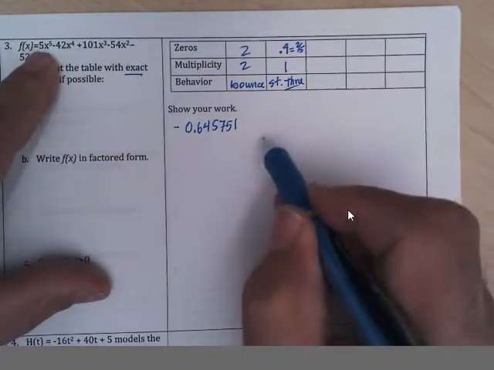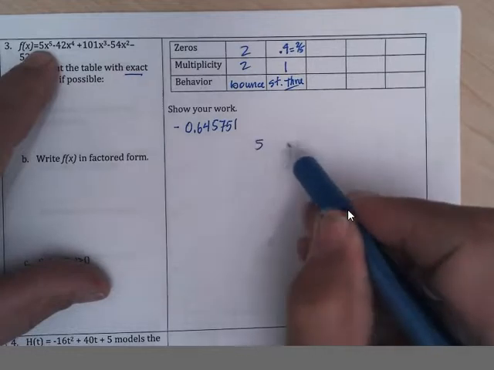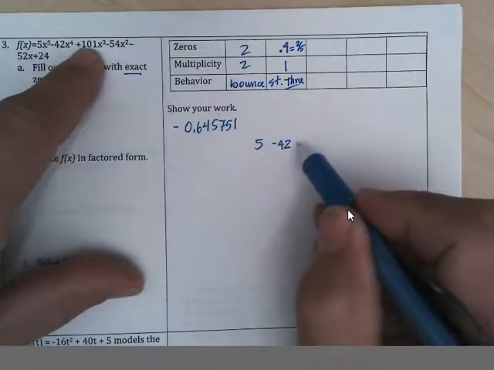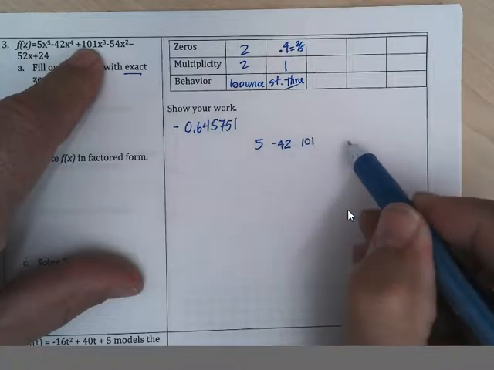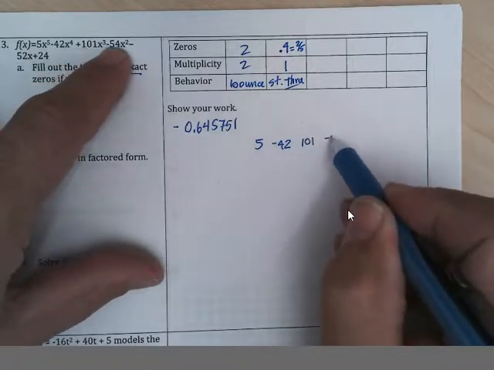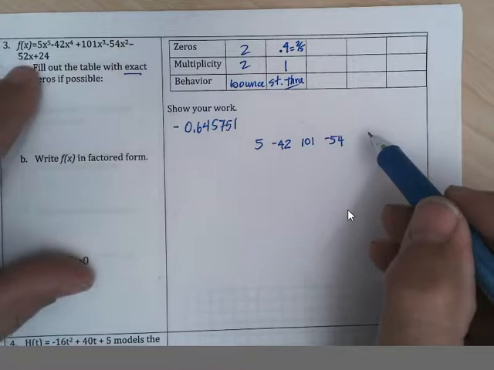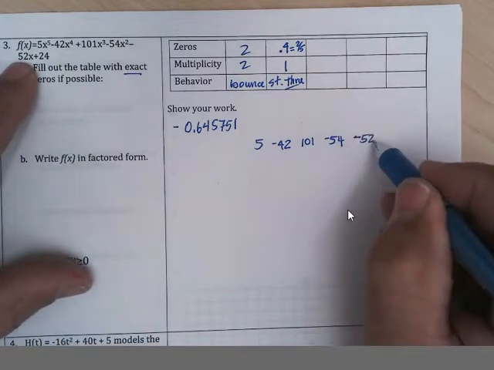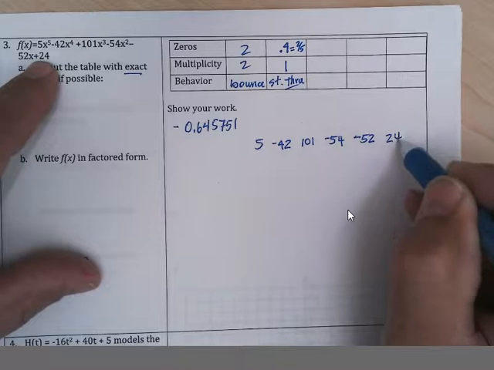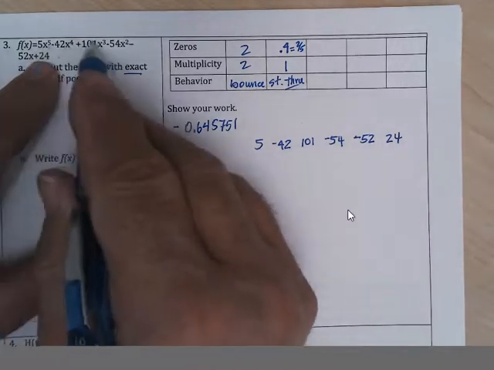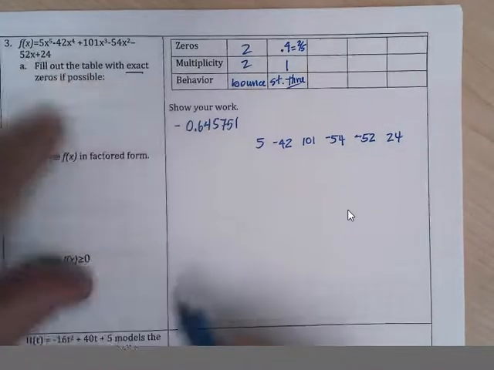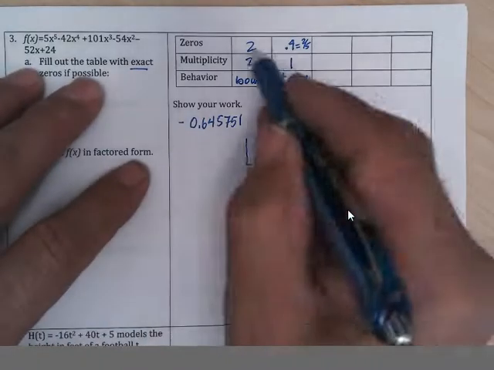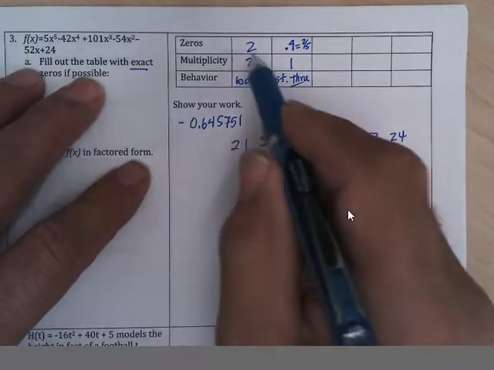So, synthetic division: I have 5x to the fifth minus 42x to the fourth plus 101x to the third minus 54x squared minus 52x plus 24. Got all the powers, 5, 4, 3, 2, 1, 0. I want to make sure we have all of them. If there's one missing, we have to put in a 0 for it. I'm going to do 2 first, and I'm going to do it twice.